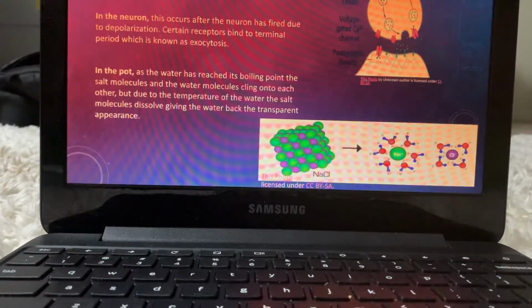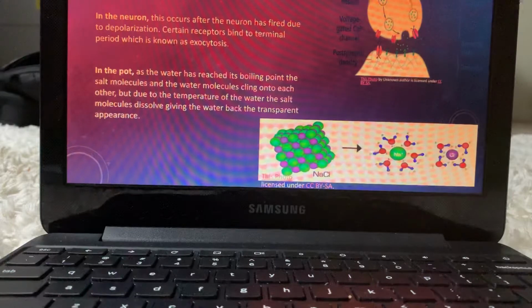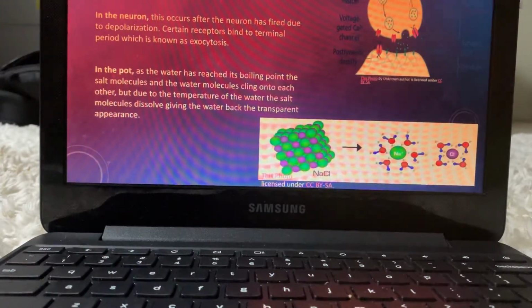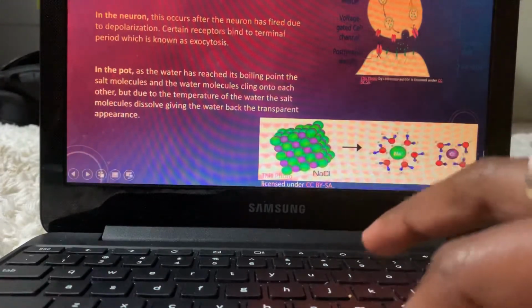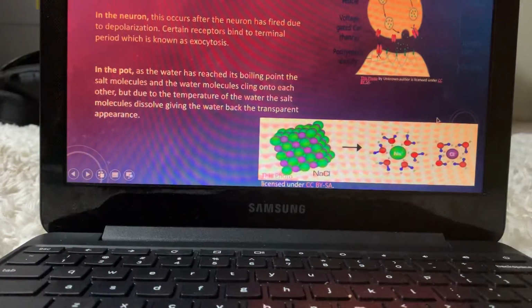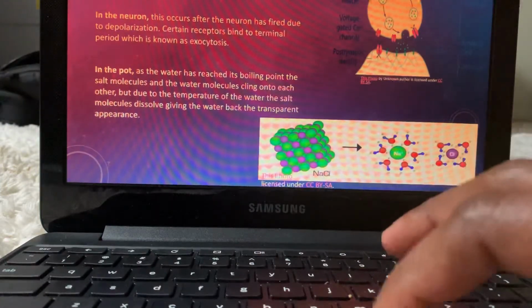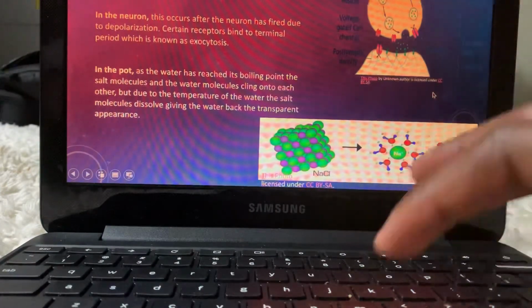If the water wasn't as hot, the salt would diffuse, but it would take a little while because the water has not reached that temperature, and the water would have a cloudy color to it. But since the water is nice and warm, we pour the salt in, and it dissolves beautifully, giving it back that transparent look.